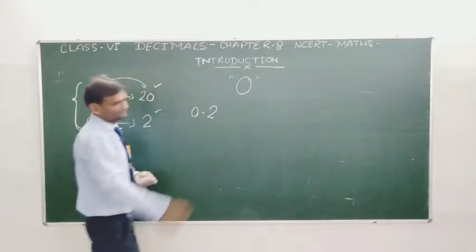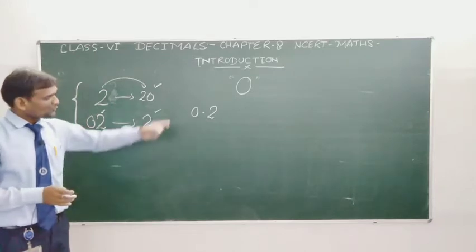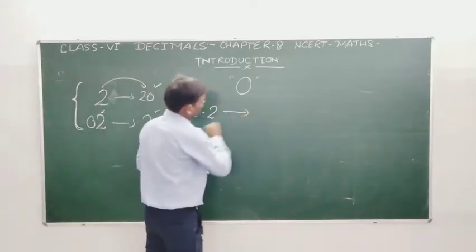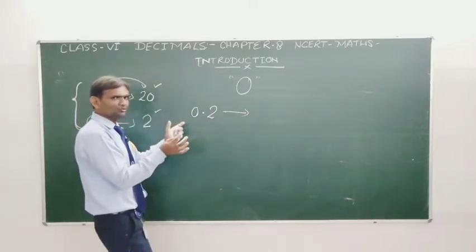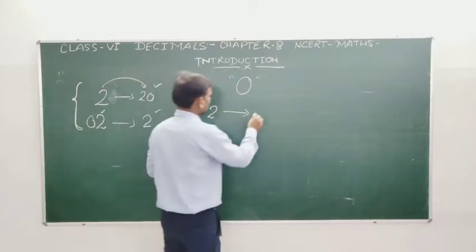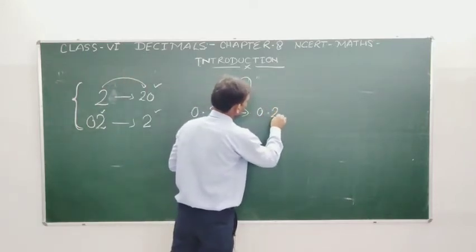Look here student, 0.2. If we write the 0 after the 2, it means 0.20.